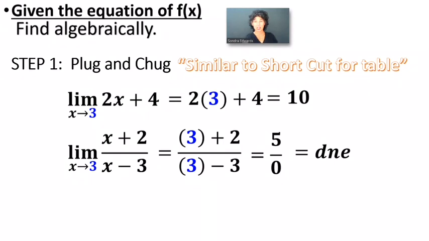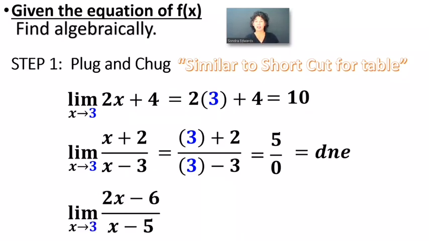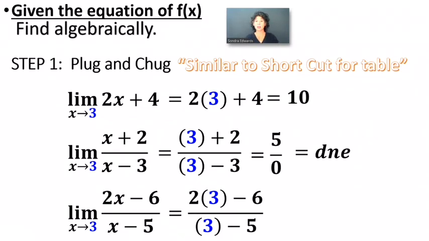Let's look at a third example just to make sure you don't confuse does not exist with the number 0. If I find the limit as x approaches 3 of this function, starting with step 1, I just substitute in 3, but this time when I simplify, I get 0 divided by negative 2. 0 divided by negative 2 equals 0. 0 is a number on the number line, so the answer to this limit is 0.